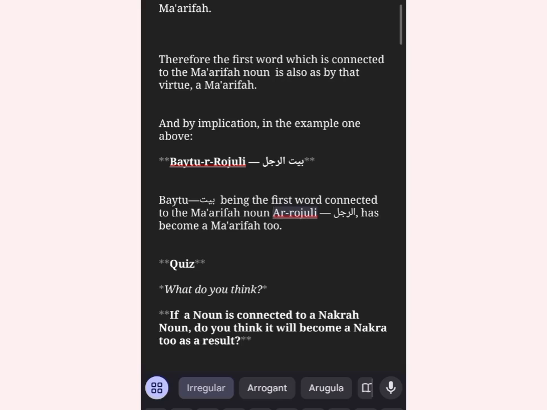Now, I used to give an analogy. I used to say, if you make friends, if you attach yourself to a rich set of people, if they are good people, you also become rich because you attached yourself to them. So you could also be regarded as a rich person. Why? Because you attached yourself to a rich set of people.